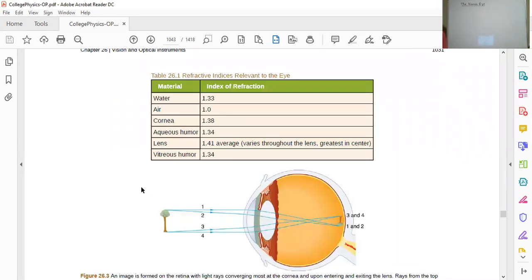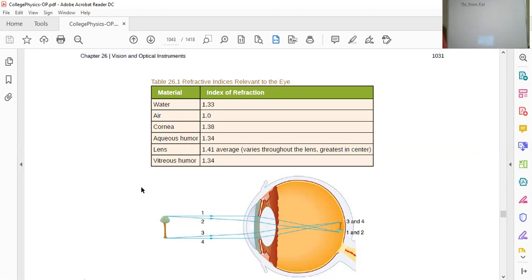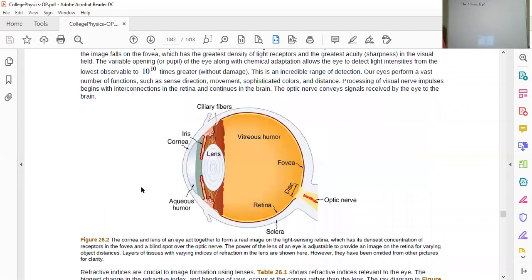If you look at the eye, you see the cornea has an index of refraction of 1.38. The lens is higher at 1.41, but the greatest amount of light bending is from the air to the cornea, because that's the greatest difference of indices of refraction. So light will bend in the cornea. It goes through the lens, and then through the vitreous humor, which is this large orangish part of the eye, and it goes back to the fovea, which is a set of photoreceptor cells, all part of the retina.